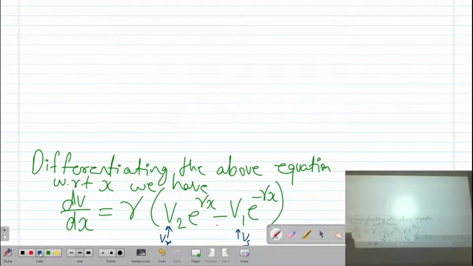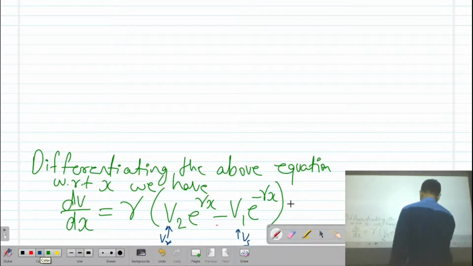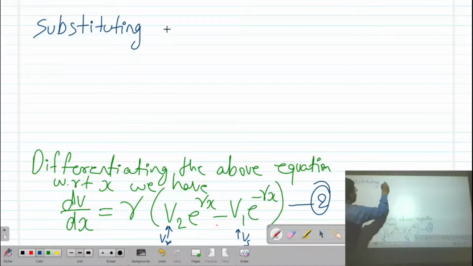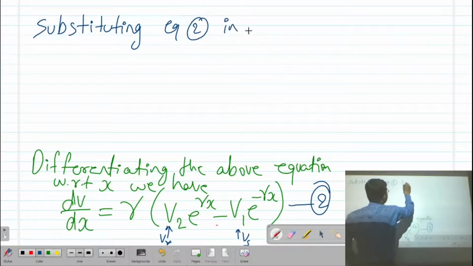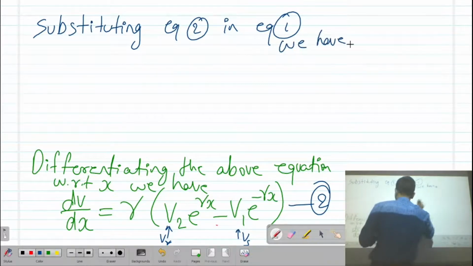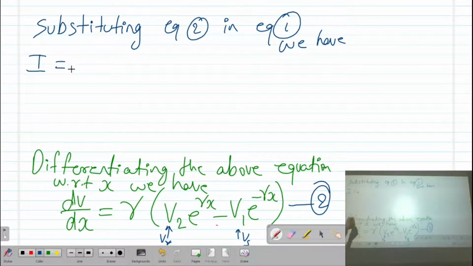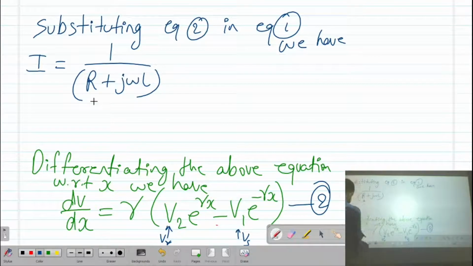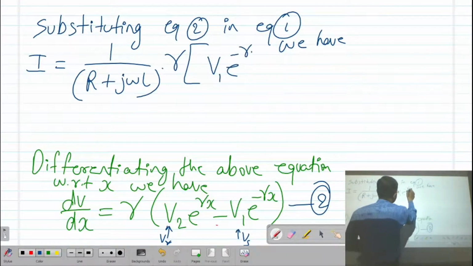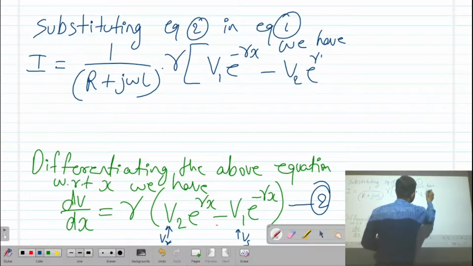Now, substituting this value of dV by dx, equation 2, in equation number 1, we will have I equals plus 1 by R plus j omega L into gamma into V1 e raised to minus gamma x minus V2 e raised to gamma x.